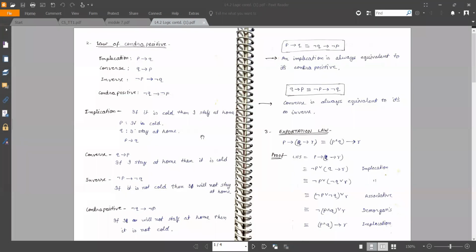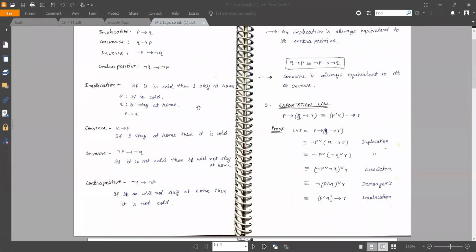Suppose there is an implication: if it is cold, then I stay at home. Here P is "it is cold," and you can observe the if and then here, and Q is "I stay at home."